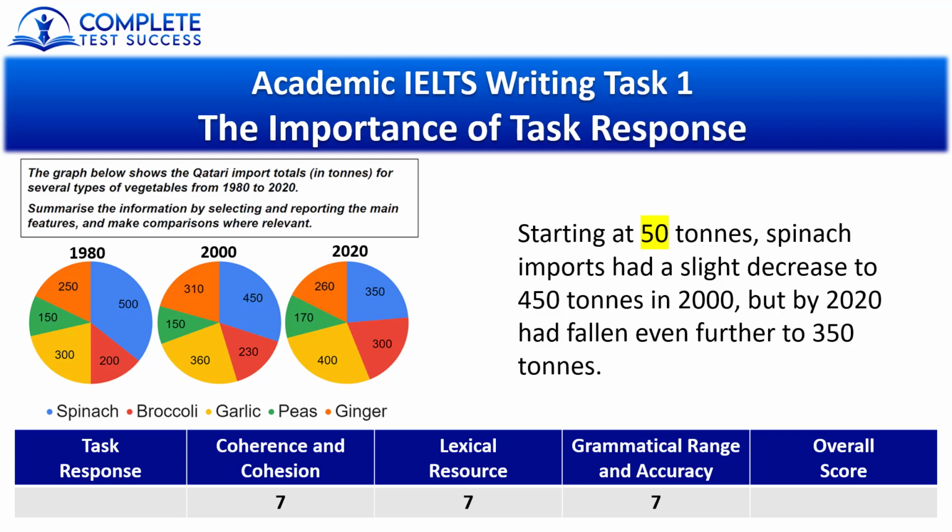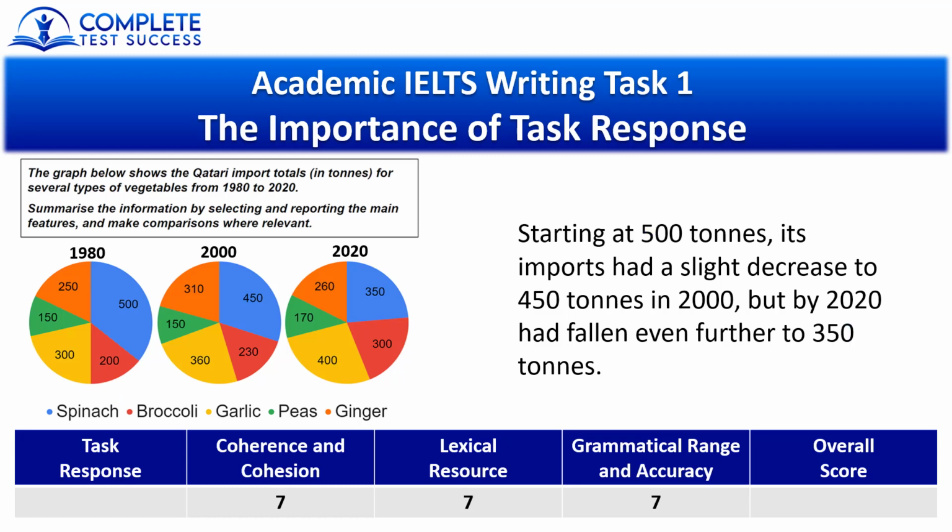Now imagine we've done everything else perfectly, all of the data is right, all of the years are right, our grammar, our vocab, everything is perfect. This one mistake of writing 50 instead of 500 means that the data is inaccurate, and that results in a task response score of band 6 and an overall score of band 6.5.